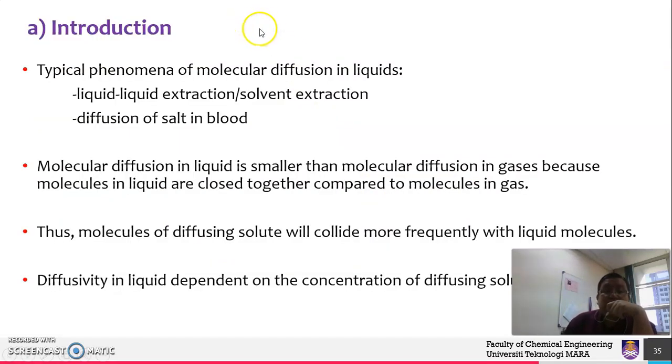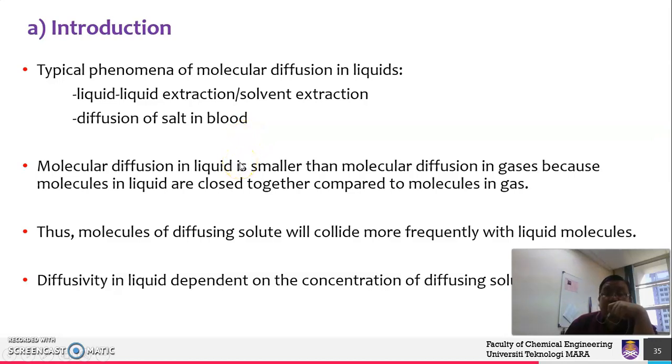First things first, the typical phenomena of molecular diffusion in liquids involve, for example, liquid extraction or solvent extraction, and then we have diffusion of salt in blood.